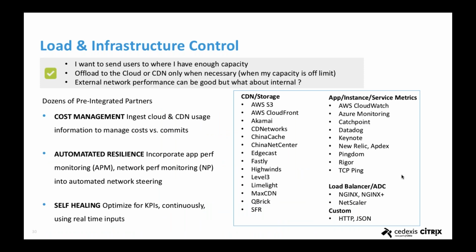I've got a plugin for NetScaler, and for Nginx as well, and any custom API we can get to a third-party tool, which could also be an APM or network monitoring solution. This is the kind of information that we can ingest into the load balancing solution so that we take this additional data into account to switch or remove traffic away from a region or data center that is overloaded in terms of capacity.